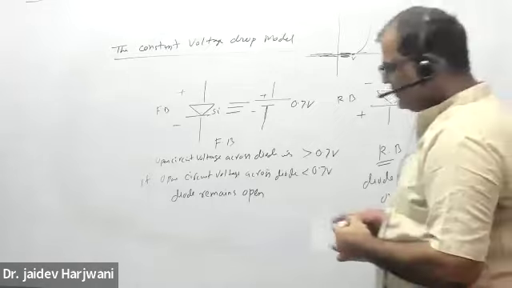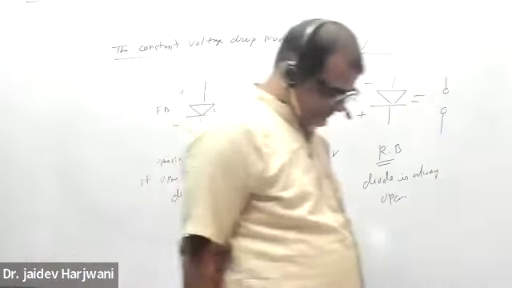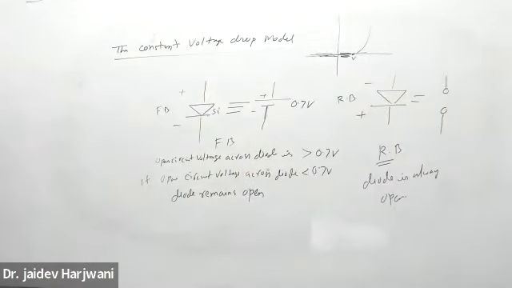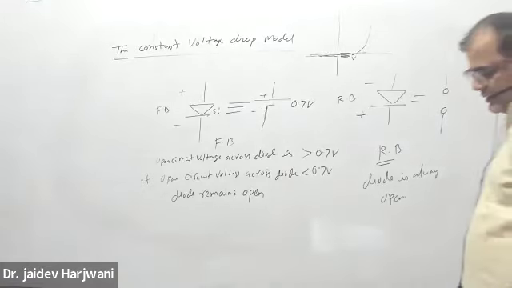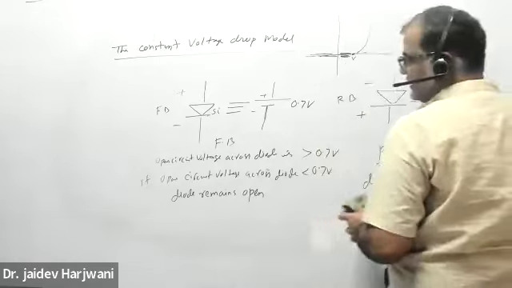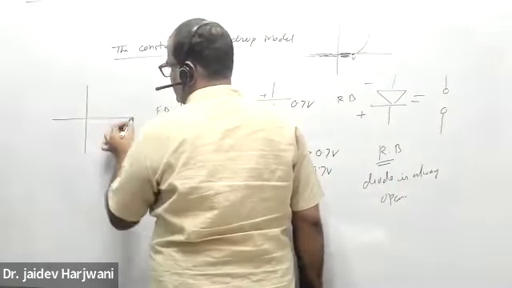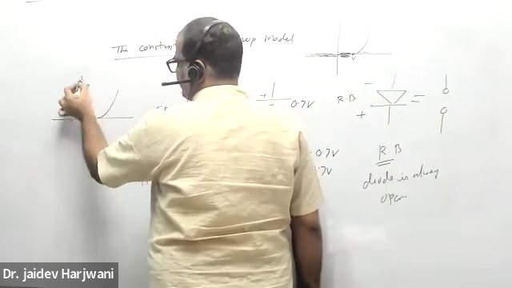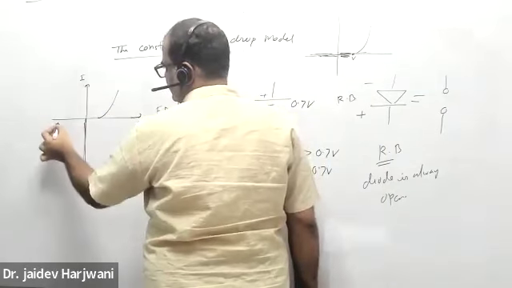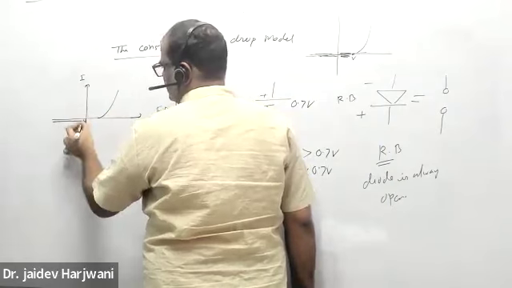So basically, what does the constant voltage drop model say? Have you written this one? So I will rub this one. The constant voltage drop model says that, sir, this is particularly for silicon only. So for silicon, this is the actual curve.